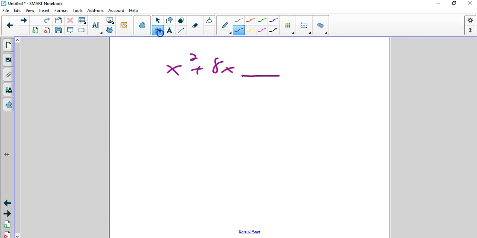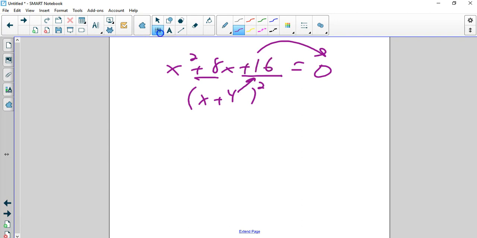Okay. Well, you leave this. Make sure it's set equal. You have any number here moved over. Okay, that's what we did. So you start off by doing half of positive 8. You're going to go up here past the square, so that means you're going to square the 4 and add that number to both sides.